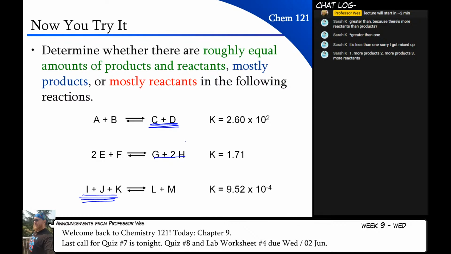Now, we can describe these as mostly products, mostly reactants, and a little more products. But another thing that we can use to describe this is the position of equilibrium.